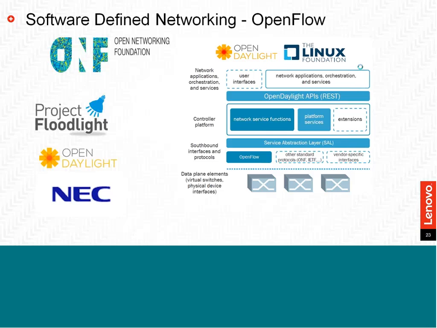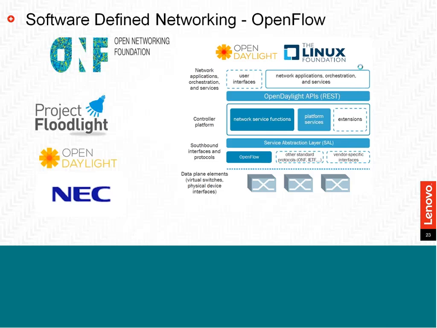And the companies on the left side, Project Floodlight, is really an open source version of OpenFlow. And then OpenDaylight is a consortium of IBM and Cisco and VMware. A bunch of networking vendors actually got together and came out with this. I believe it was in 2013 that OpenDaylight started shipping.